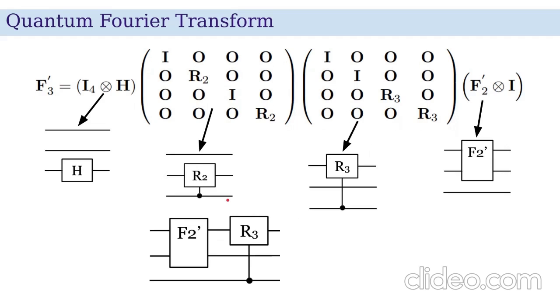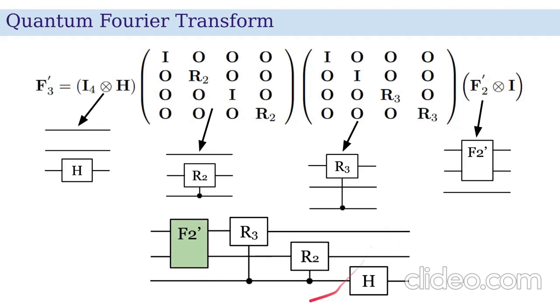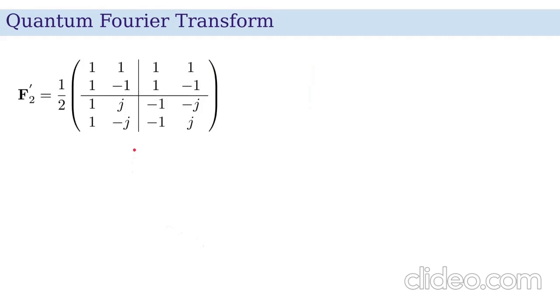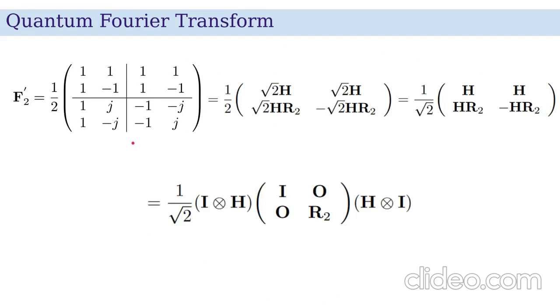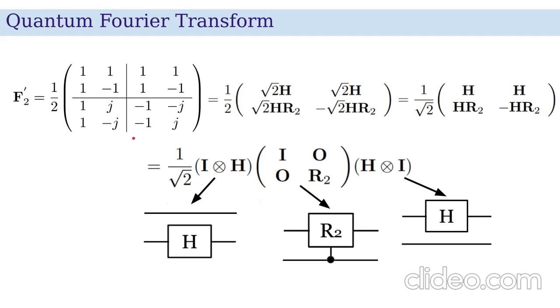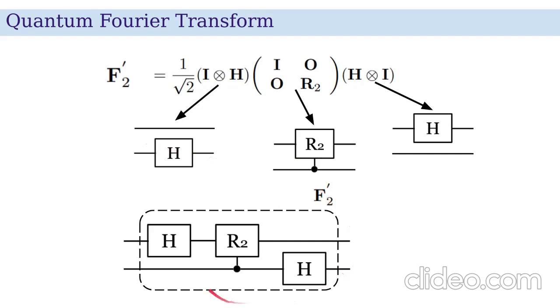Now, we can arrange these blocks in correct order, like this, and like this, and like this. We can now simplify f2 prime as well. Following the same approach as earlier, we can now draw the complete f3 prime circuit using these basic gates.